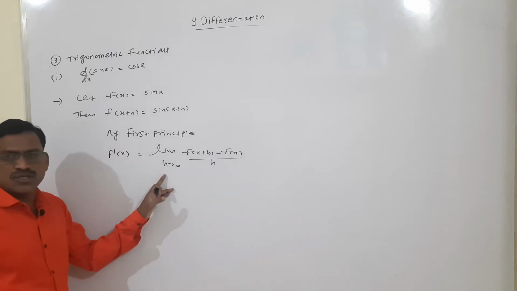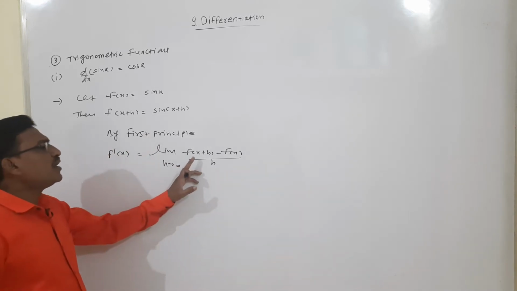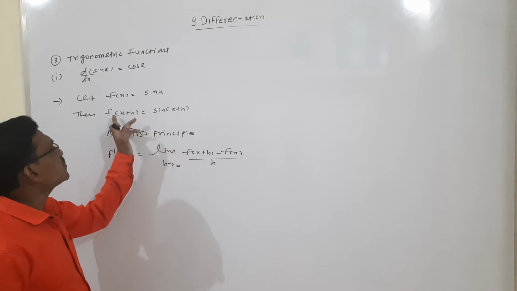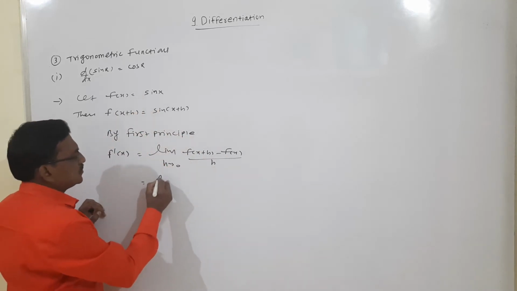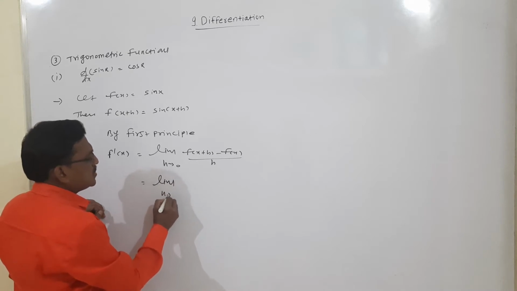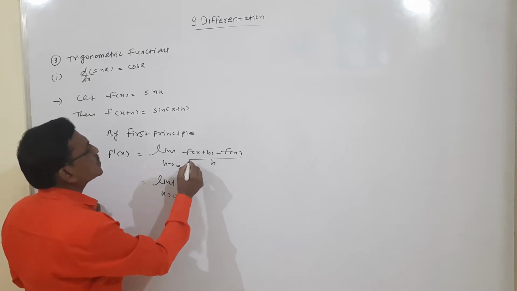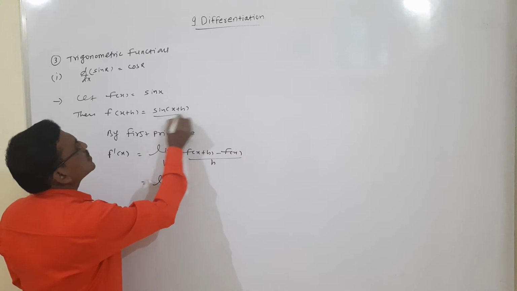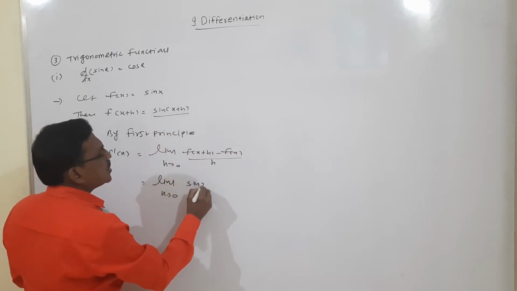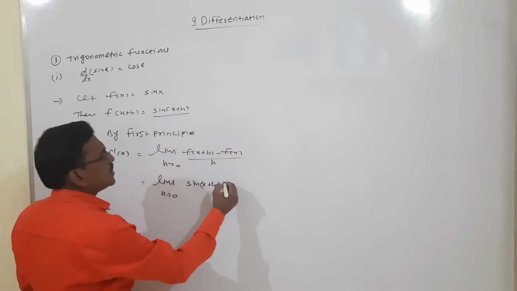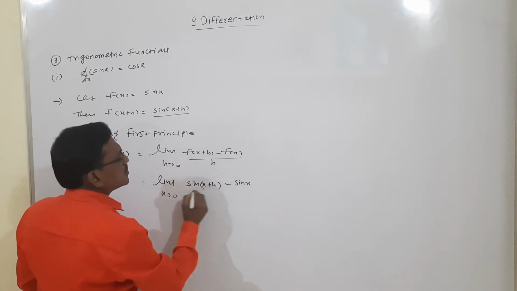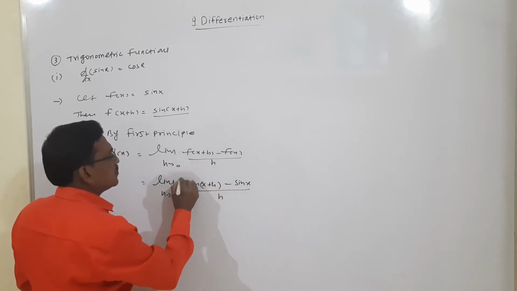We put here the value of function f of x plus h and function f of x. The value of f of x plus h is sine of x plus h, and the value of f of x is sine x, so sine of x plus h minus sine x, divided by h.